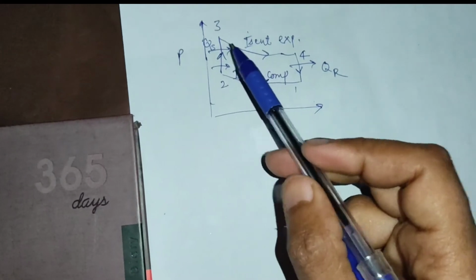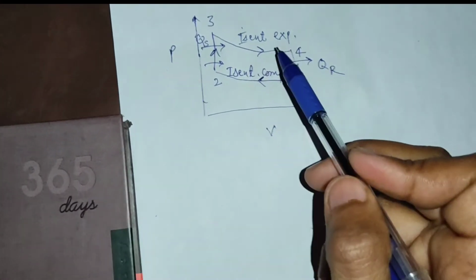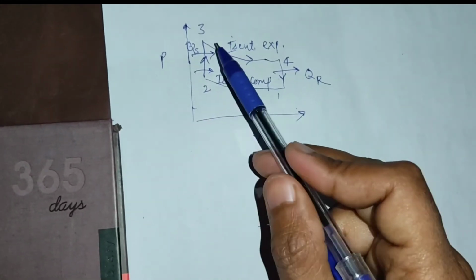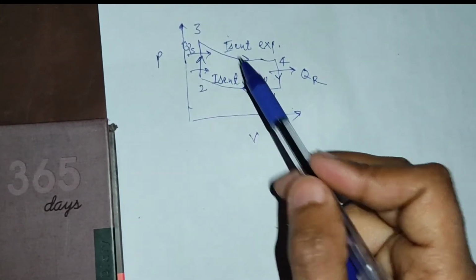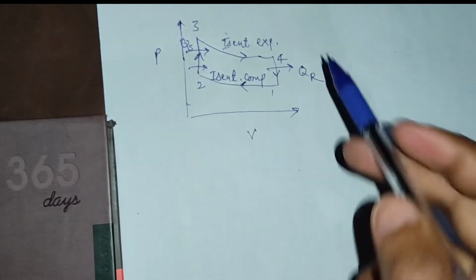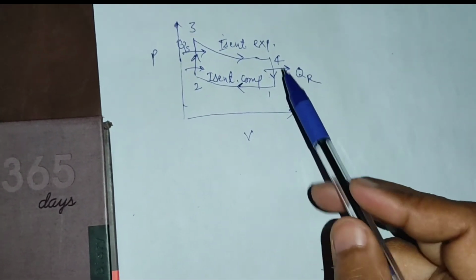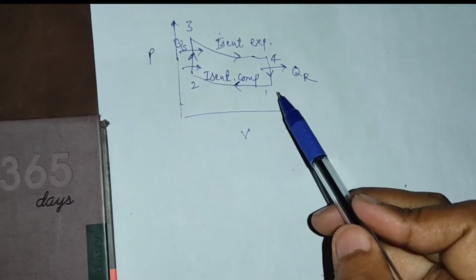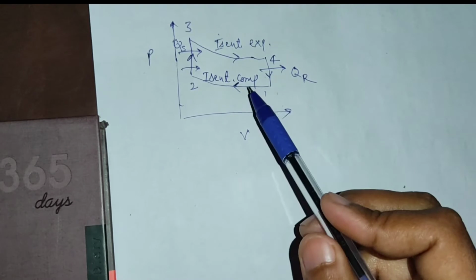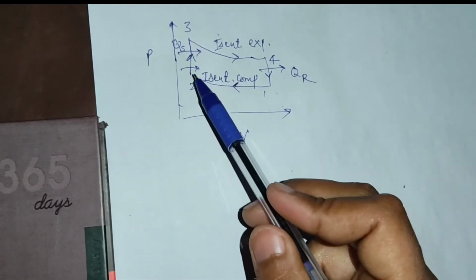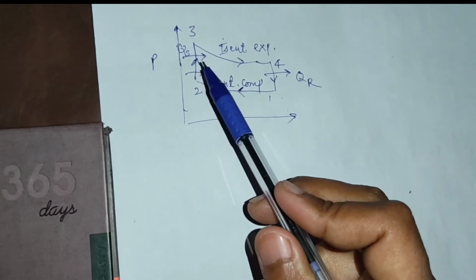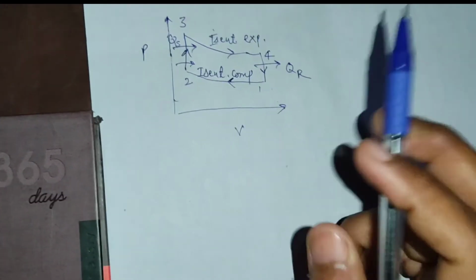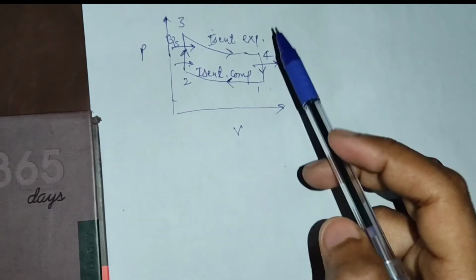After that 3 to 4 is an isentropic expansion process in which expansion of gases takes place, and 4 to 1 is heat rejection at constant volume. So here there are two constant volume processes: 2 to 3 is constant volume heat addition, and 4 to 1 is constant volume heat rejection. This is the PV diagram of the Otto cycle.